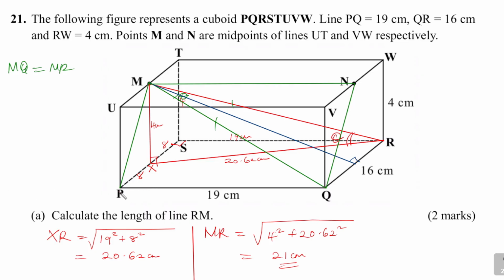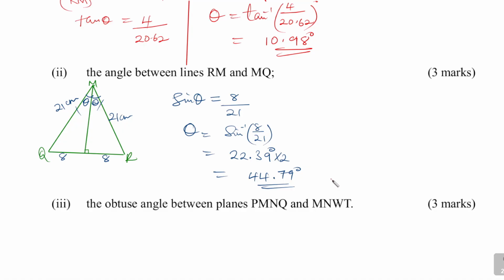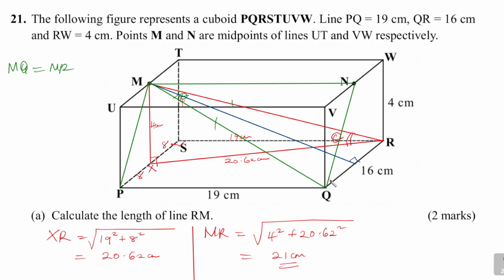Look at that plane PMNQ. And then we have MNWT. So you can see those two planes.